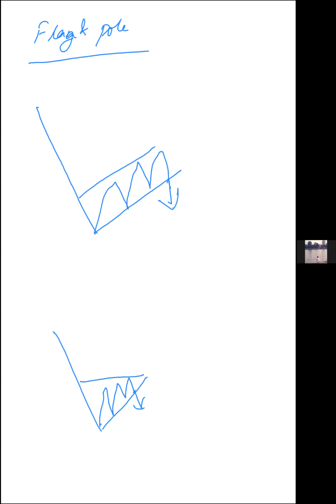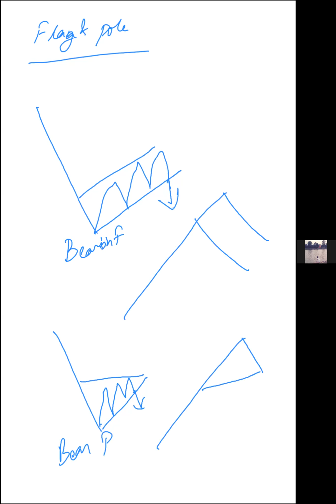This is a bearish flag. This is a bearish pennant. While a bullish flag and the bullish pennant are also the same, they would give an upside breakout.